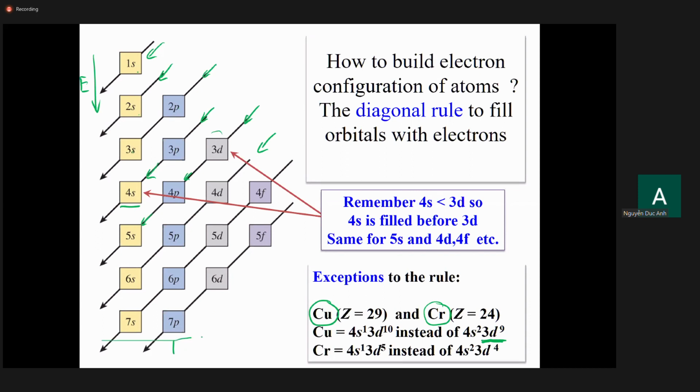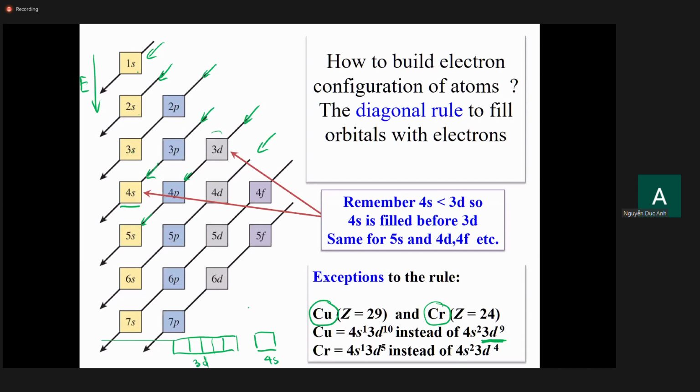That subshell will have 5 d orbitals, and moving this way you have 4s. Normally when you write, you will write like that.